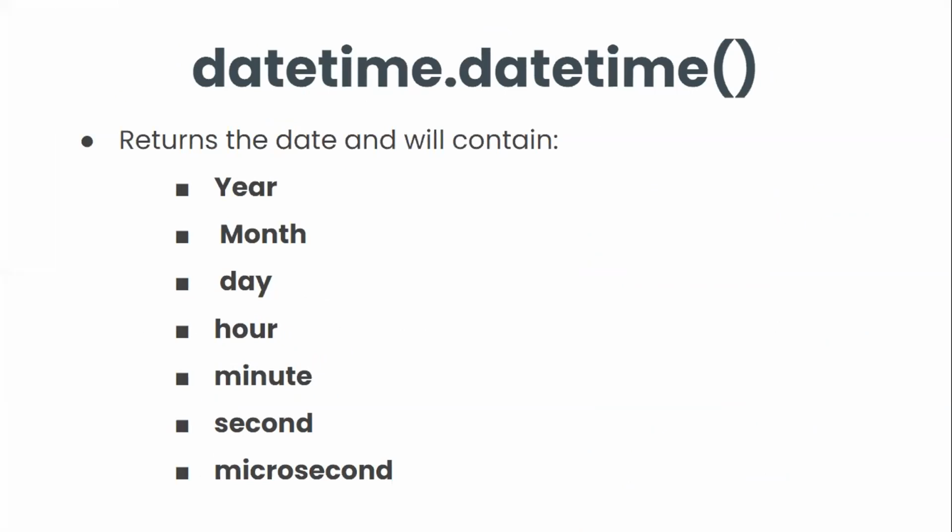Okay, so you can do datetime to get the date and time, or you can do datetime.now or datetime.today. All of them will work to return the date and time. So this is a list of information that it will output.